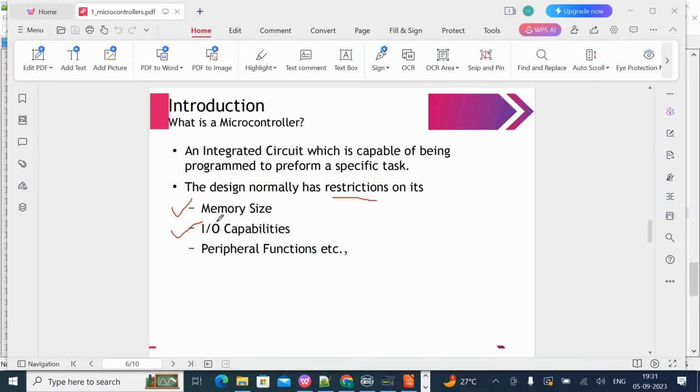Even the built-in peripherals are also a kind of restriction. If you have only one timer, you can't add another one. You have to go with that. So a few peripheral function restrictions we also have when designing by using the microcontroller. Fine. So this is about what is a microcontroller.